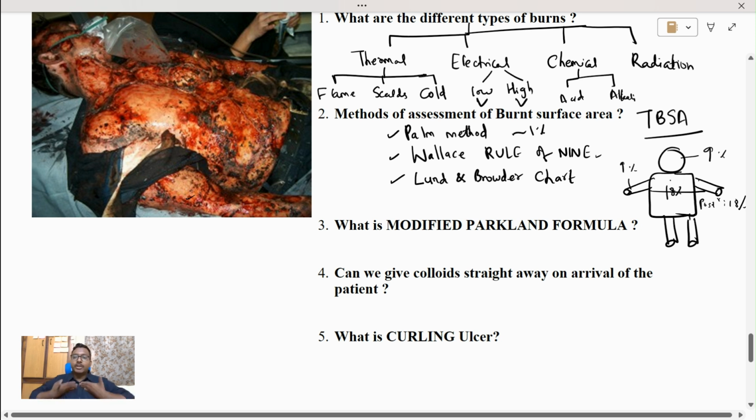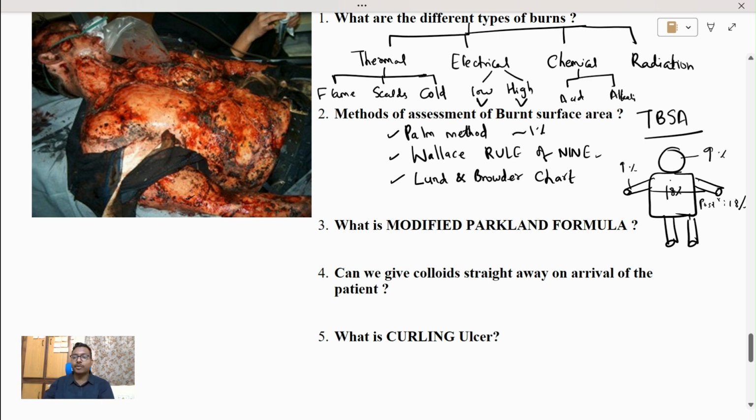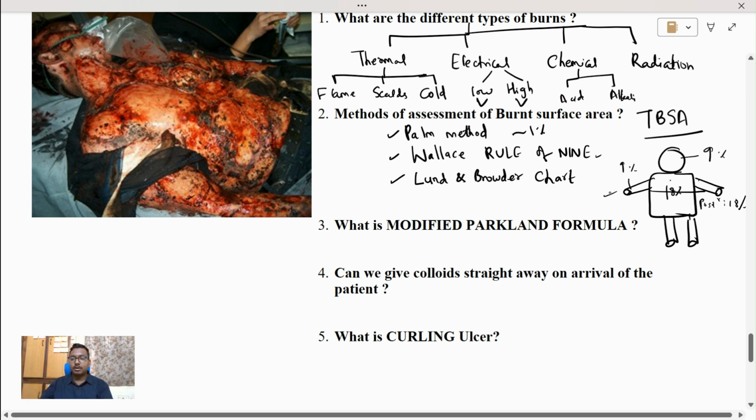That means anterior chest 9, posterior chest 9, anterior abdomen 9, posterior backside 9. Both upper limbs together are 36% in adults. Each lower limb is 18% and genitals is 1%. So this constitutes 100%.